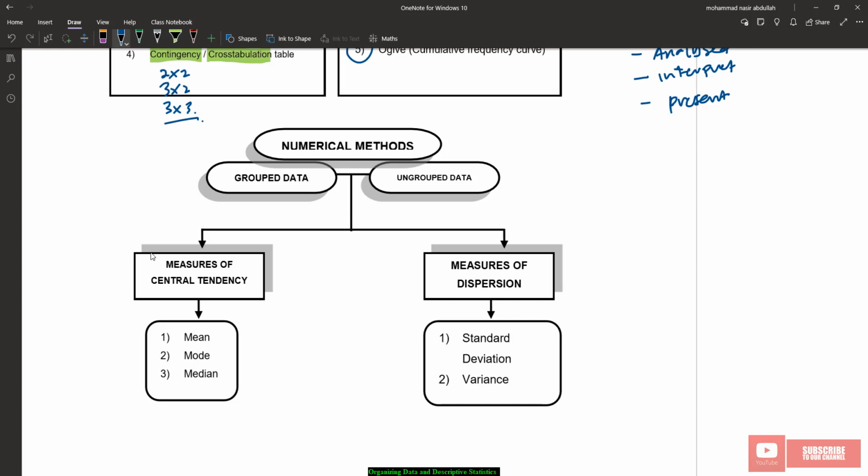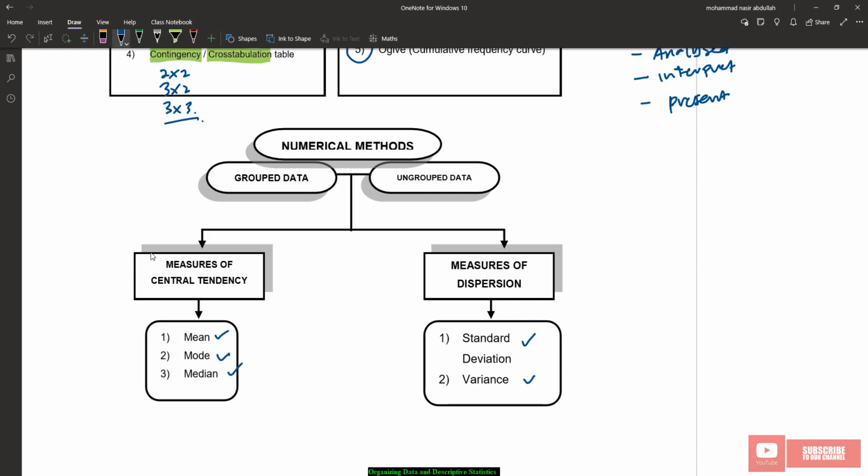First is measure of central tendency. Another one is measure of dispersion, right? Under measure of central tendency, we will learn how to compute mean, mode, and median. So this is very basic descriptive statistics. For measure of dispersion, we will learn how to compute standard deviation and variance.